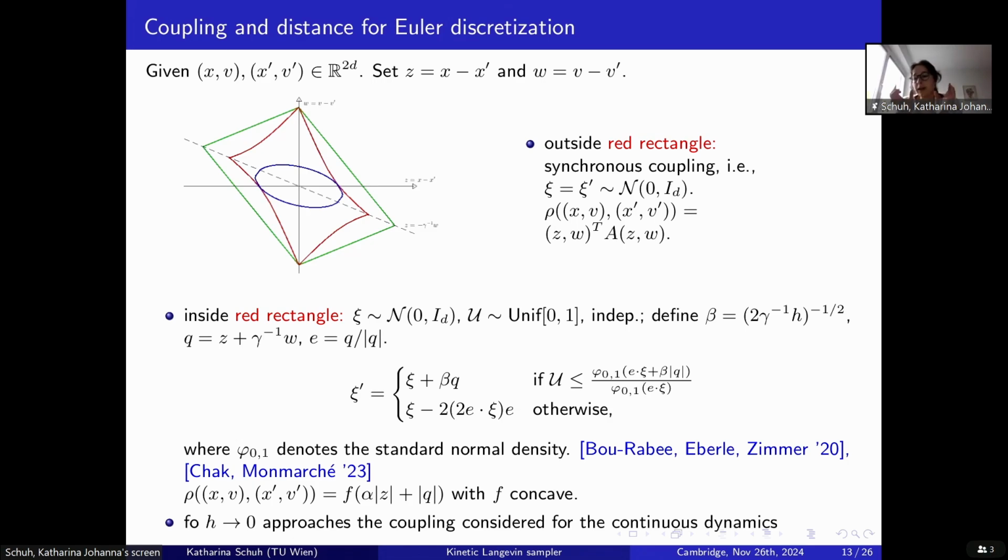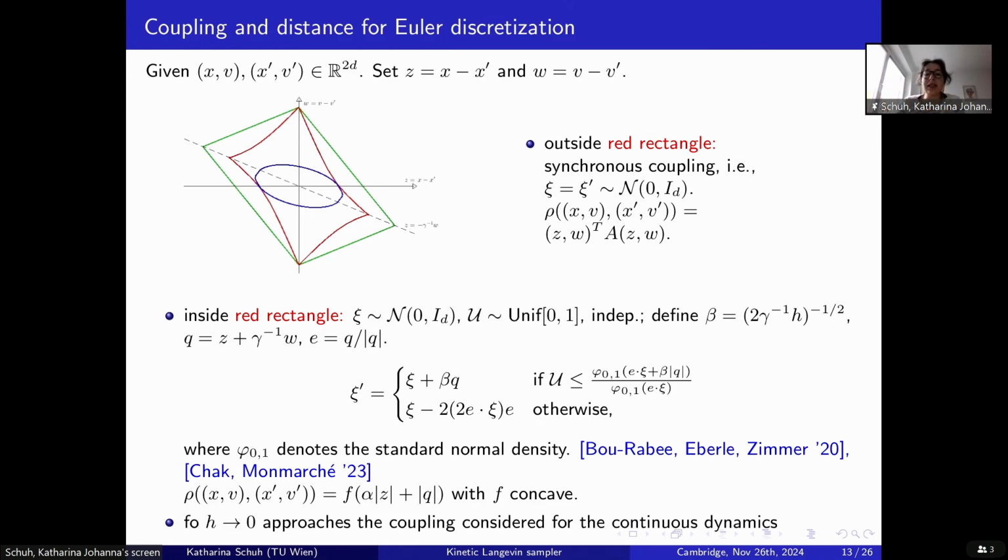And if we now look at the difference of these two position and velocity, which is kind of shown in this picture, then the idea is that we now split our area, the area of the distance process, so Z and W, into different areas.